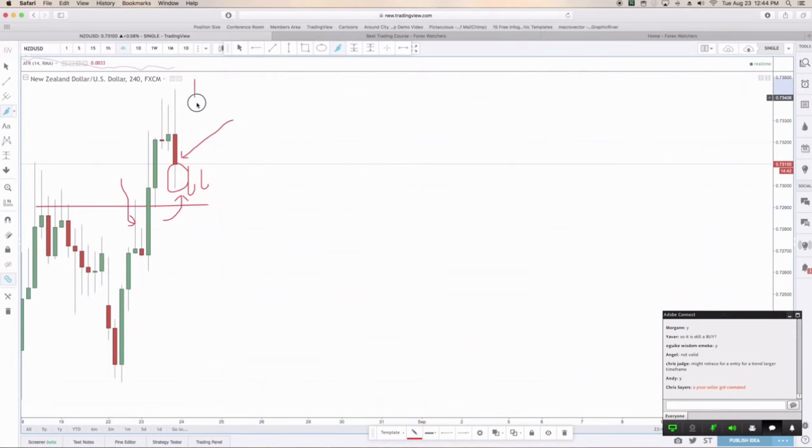All we know, it's the seller's market right now. Let them die. Let them take their turn. Let them finish their turn. Then it's our turn. We come in for the buy. Okay? If you want to be a seller, then you wait for the buyers to finish and then you sell. You don't sell after the sell has begun, because then you're too late to the game.